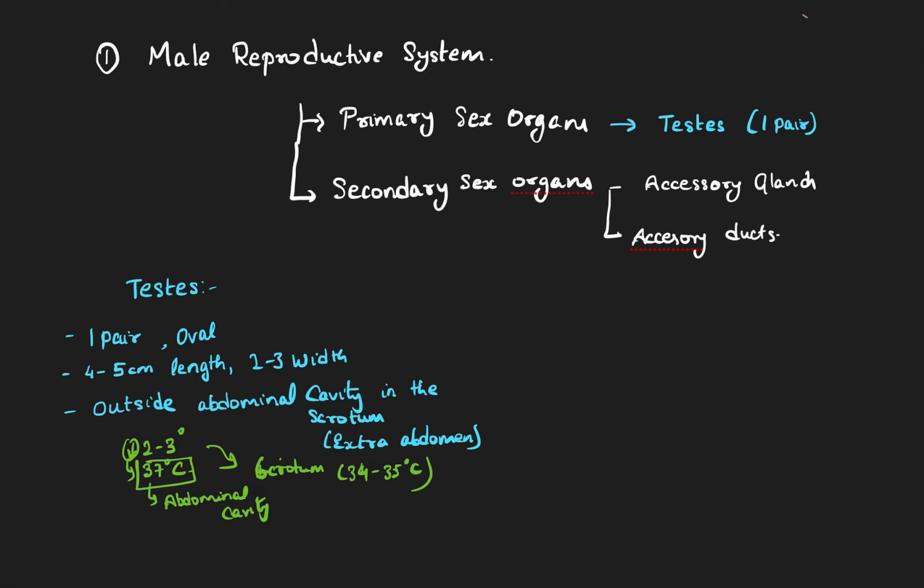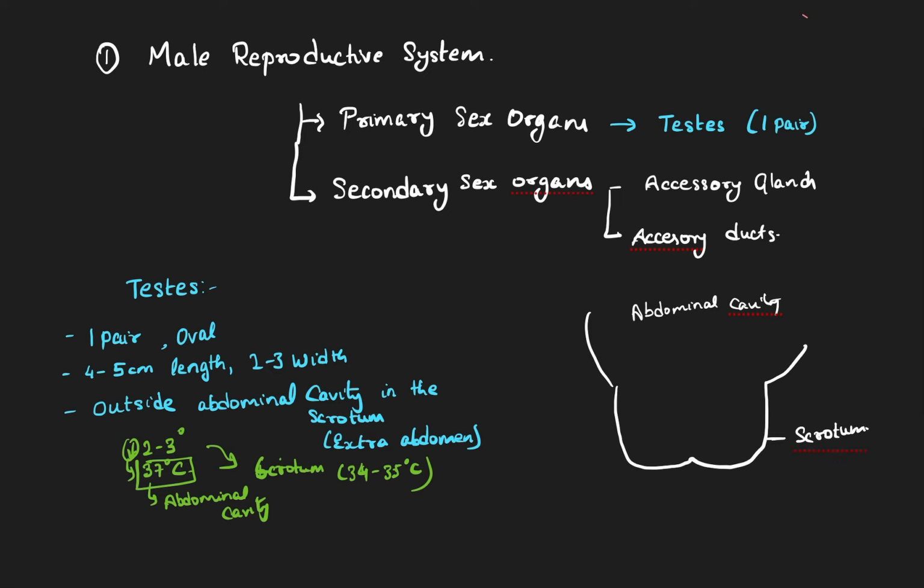Now let's talk about the diagram. Basically, if we draw the diagram, it looks something like this. Here the scrotum is present. Okay, these are the scrotum, and this side is the abdominal cavity. When you talk about this white colored part, this is the scrotum.